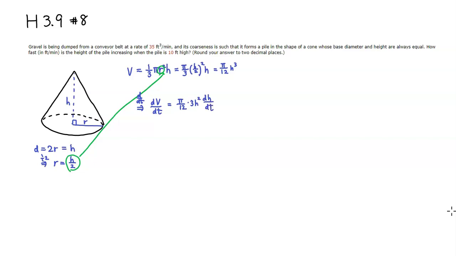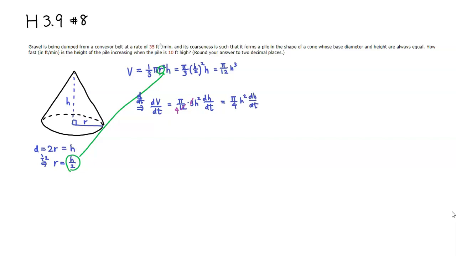So don't forget the chain rule here. All right, so we can simplify. 3 and 12 cancel out, so you have a 4 on the bottom. If you clean it up, you're going to have pi over 4 h squared dh over dt.